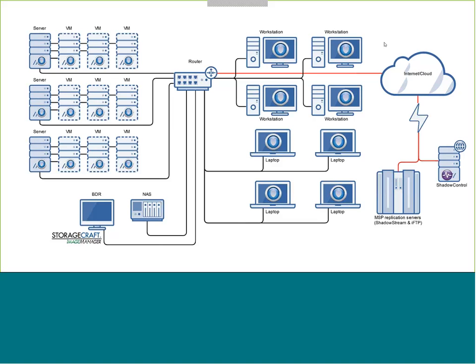What it does is it takes a backup image, let's say a 100 gig initial full backup image, and chops it into tiny little pieces, and then it uses multiple connections and streams to send that data over to the replication server. Then the ShadowStream server component is responsible for reassembling those bits into a complete backup image.